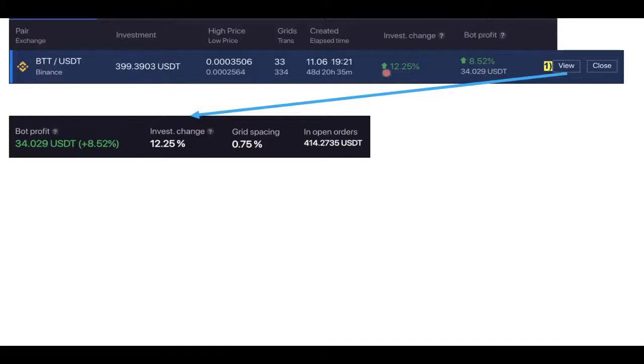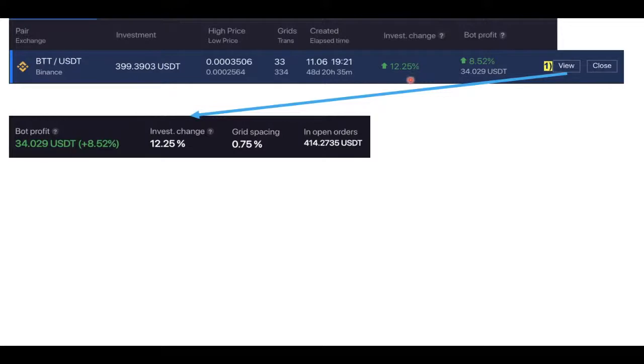That means that I am making profits of 12% as an added value to this initial investment allocation. So that's around $48, something like that.